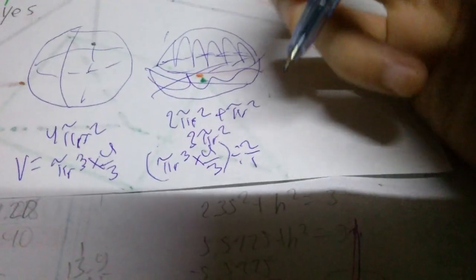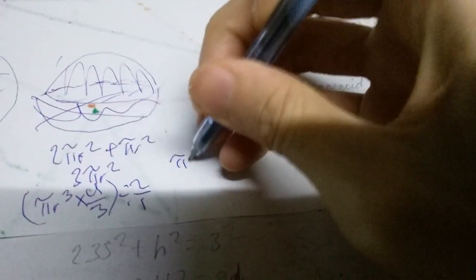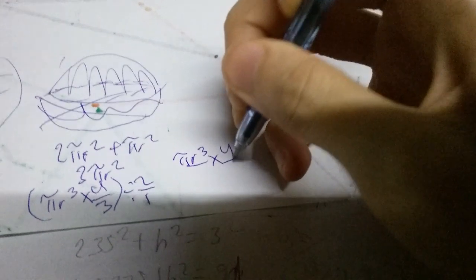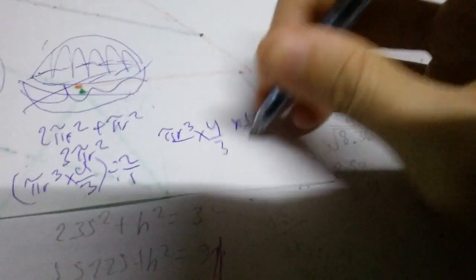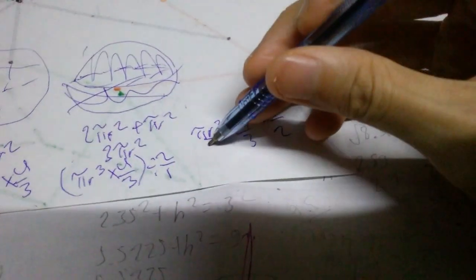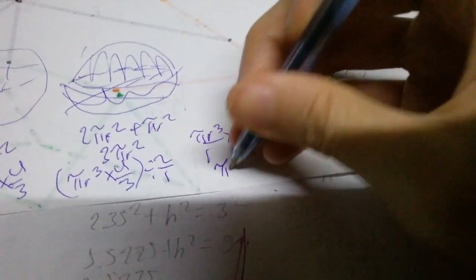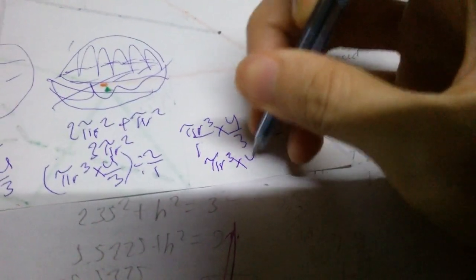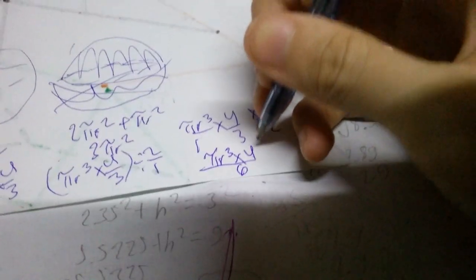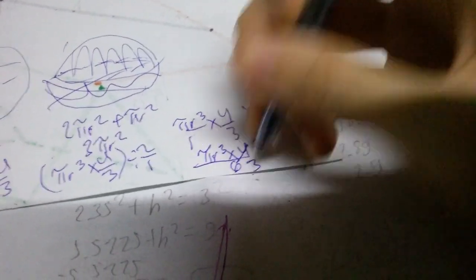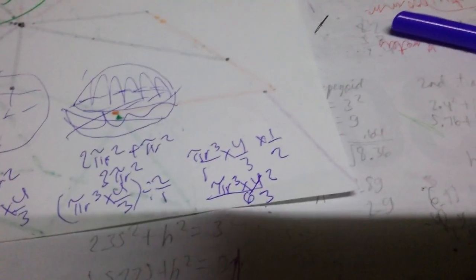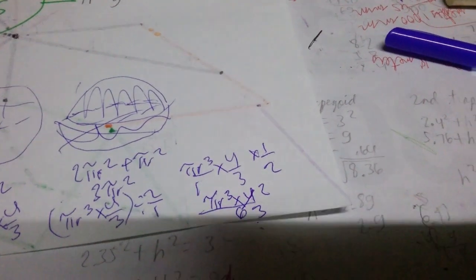Then we apply reciprocal. Therefore, it will be pi r cubed times 4/3 times 1 over 2. Then we multiply the numbers. Therefore, we should get pi r cubed times 4 divided by 6. You can simplify 4 and 6, make it 2/3. So that's the formula. Okay?